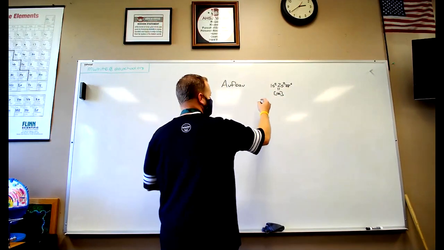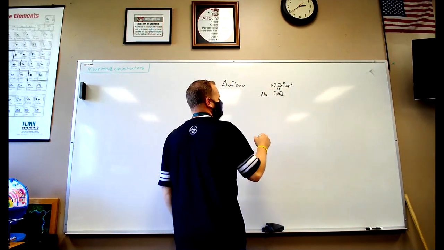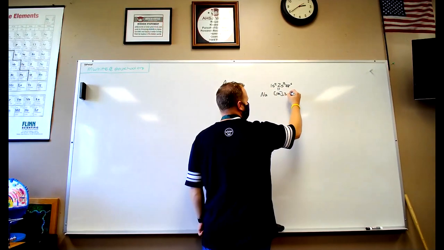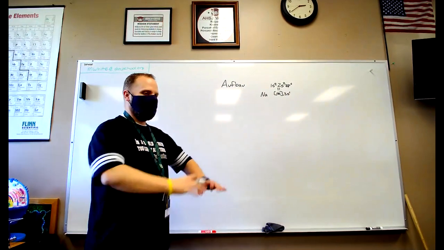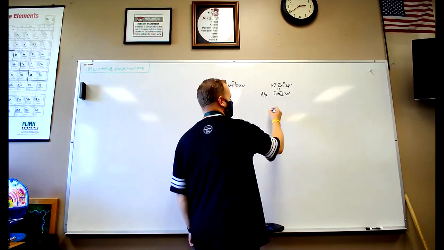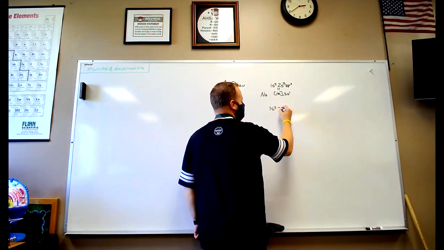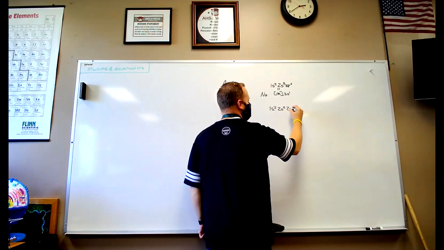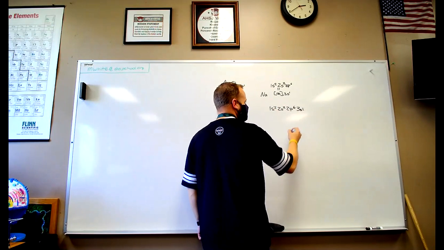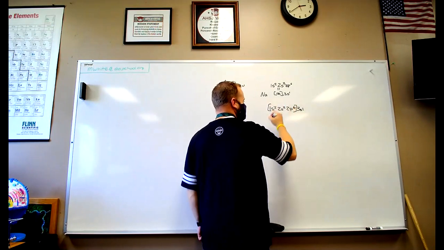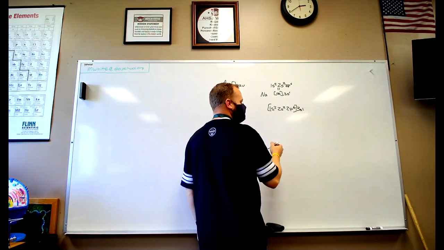So sodium, we can write like that. Okay? If you were to write sodium completely out, it would be 1s2, 2s2, 2p6, 3s1. But at the same time, we can just say, well, that's neon.